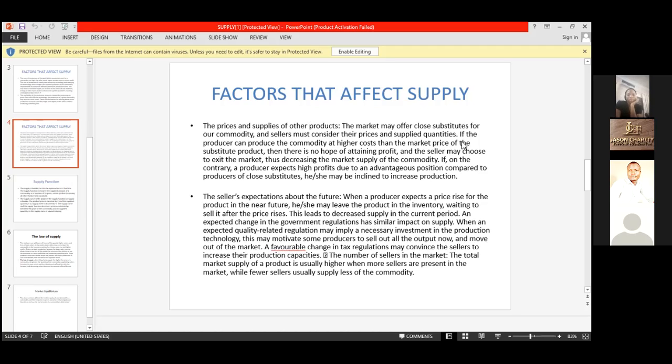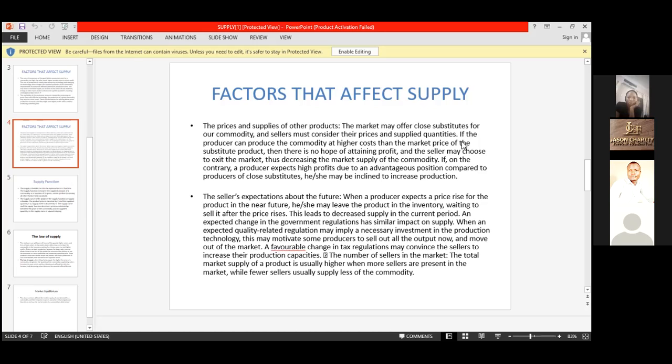So the other aspect, which I've explained before, is the seller's expectation about the future. When a producer expects a price rise for the product in the near future, he or she may leave the product in the inventory, waiting to sell it after the price rises.